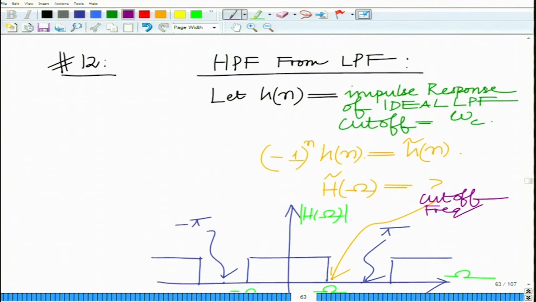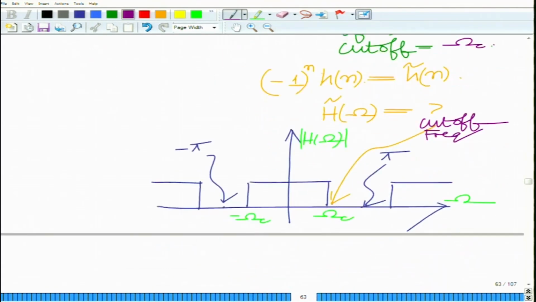Okay, this is your cutoff frequency. Let us call this omega c. Okay. Now, what is the cutoff frequency in this case?